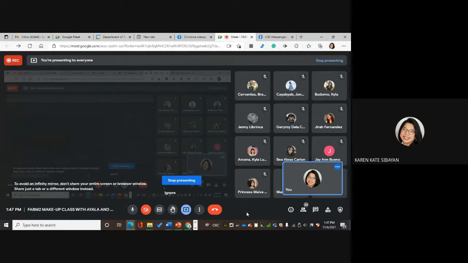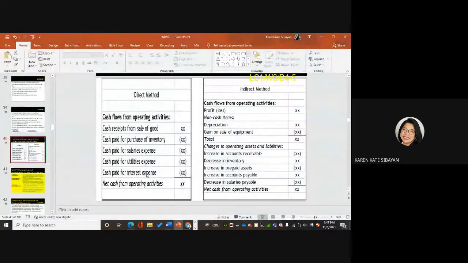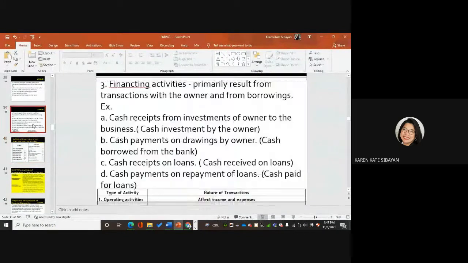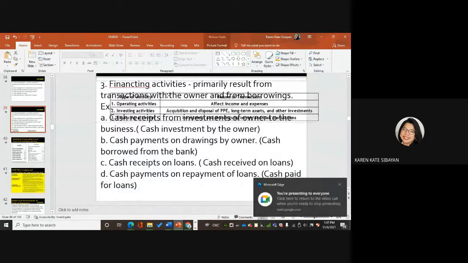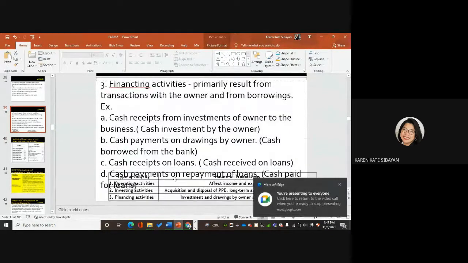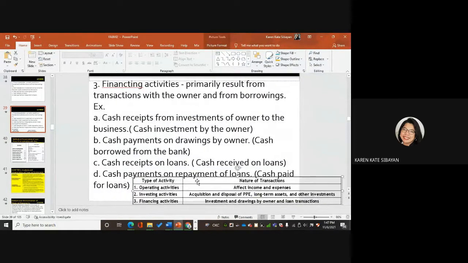Anyway, so sabi nga class, a statement of cash flow show the proper presentation of these three activities. Anong yung three activities na yon? Namely, operating, investing, and of course, financing. Wala na talaga pwedeng paglagyan.